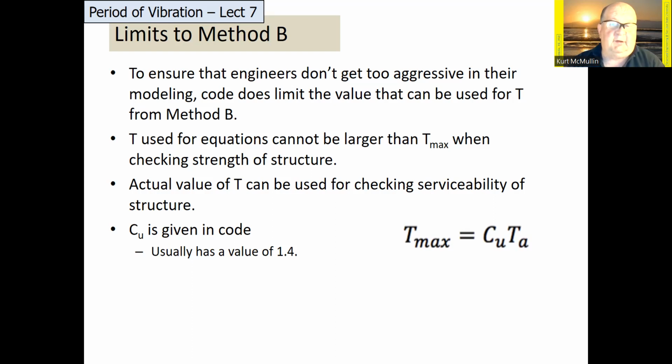So I calculate the period of vibration using method A. I might choose to set up a structural analysis model and calculate the value using method B. When I determine the period of vibration for my structural equations, I'm going to use either the maximum value in this equation or method B, whichever of those two is smaller.